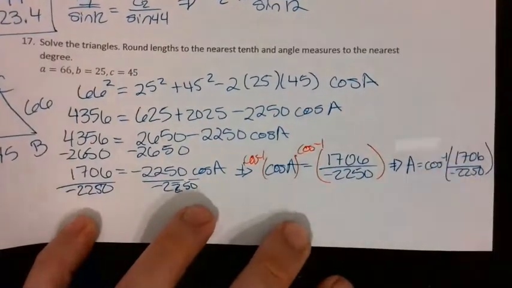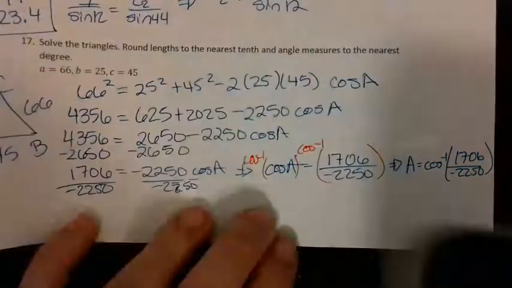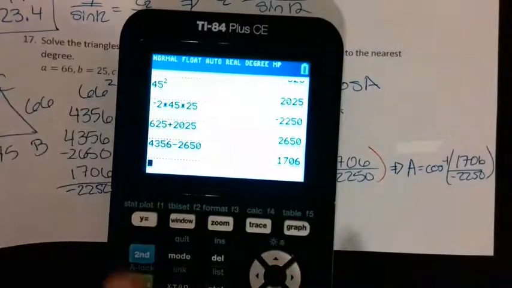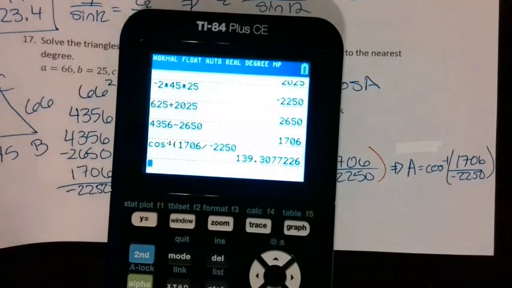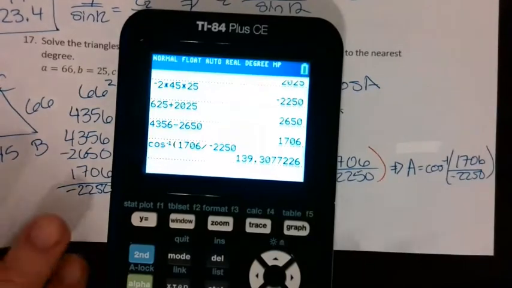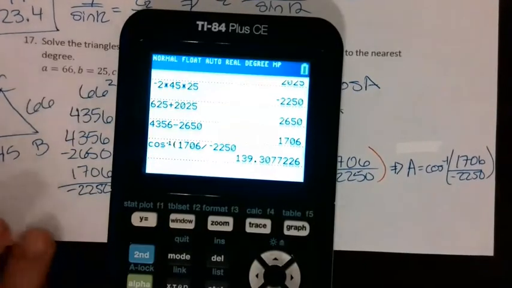And this is what I'm going to type into my calculator. And I get 139, just kidding, 139 degrees for my A value.